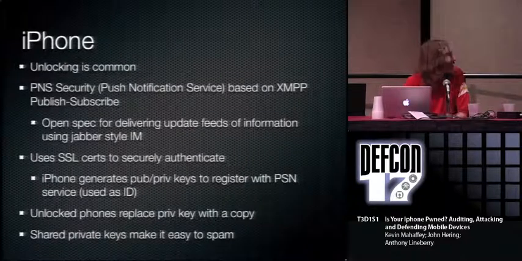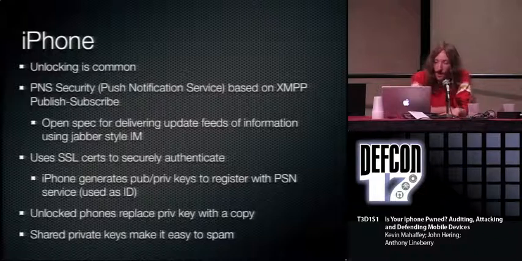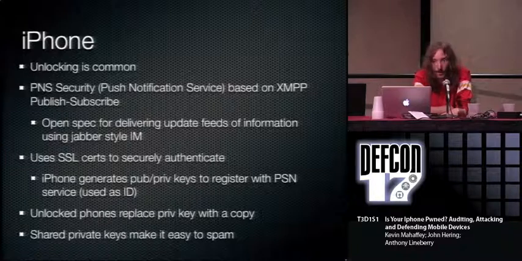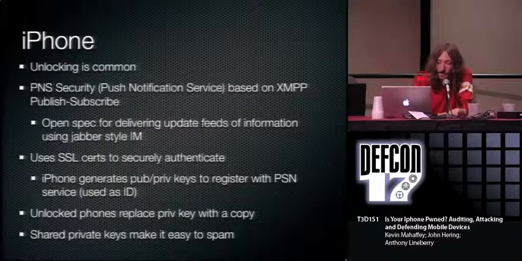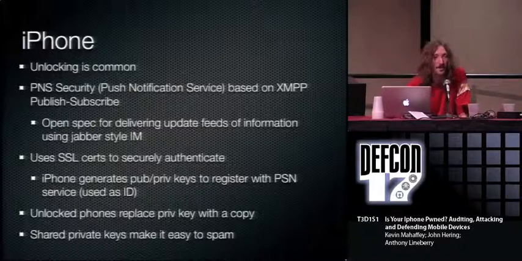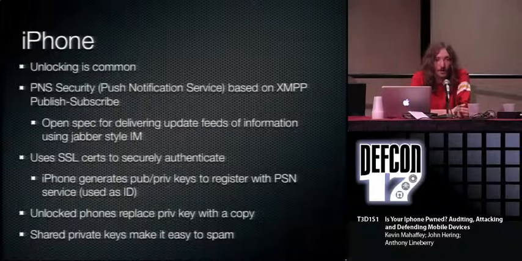So we'll talk about some specific things on each platform. On the iPhone, unlocking is very common. A lot of people don't want to use an iPhone on AT&T. And we now have the push notification services that everyone's using for notification of IMs coming in because iPhone doesn't allow background processing or background processes.